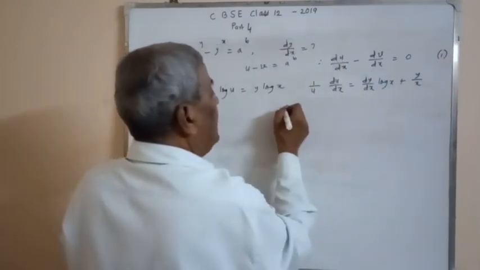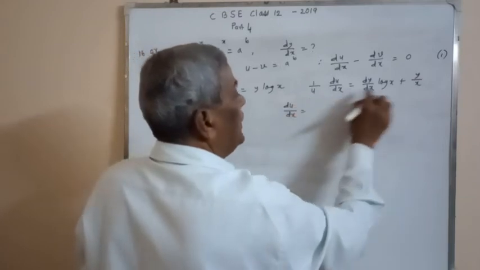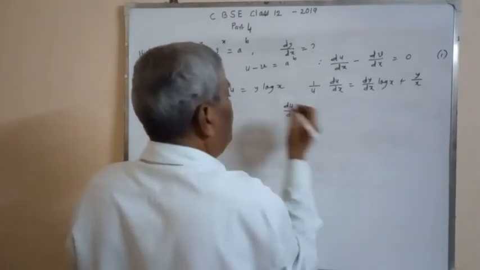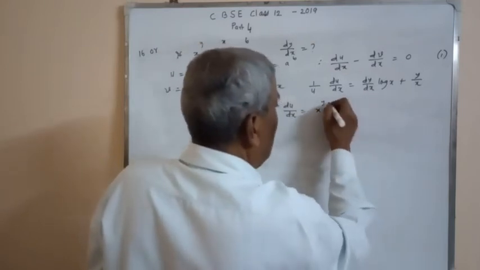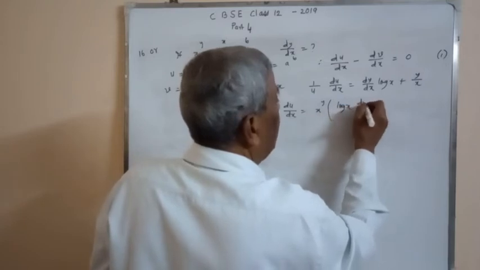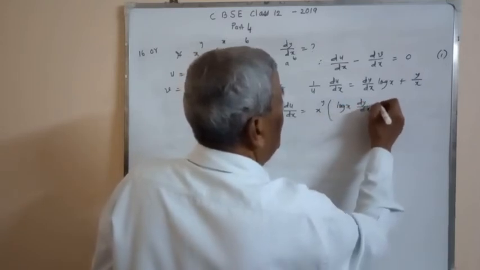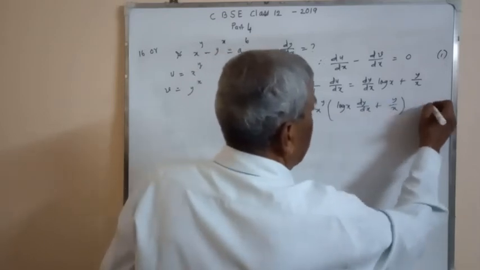Hence, du/dx is equal to u into that. u means x to the power y into log x dy/dx plus y by x.